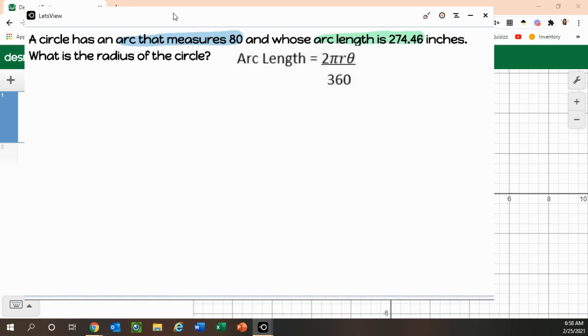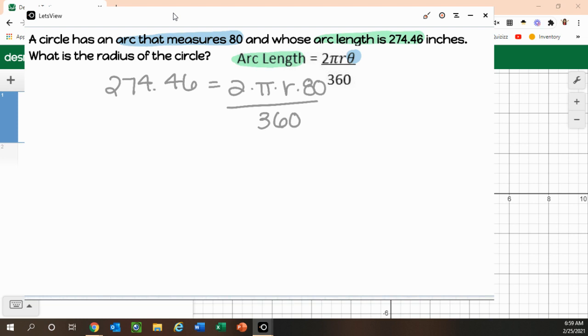Remember what we talked about at the beginning: arc measure is congruent to our central angle. So again, we're solving backwards, this time for radius. Our arc length, 274.46, equals 2 times pi times r times 80 divided by 360.